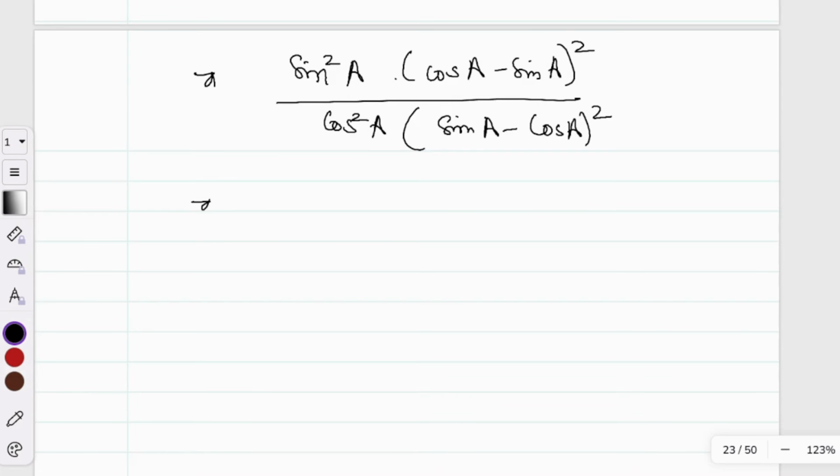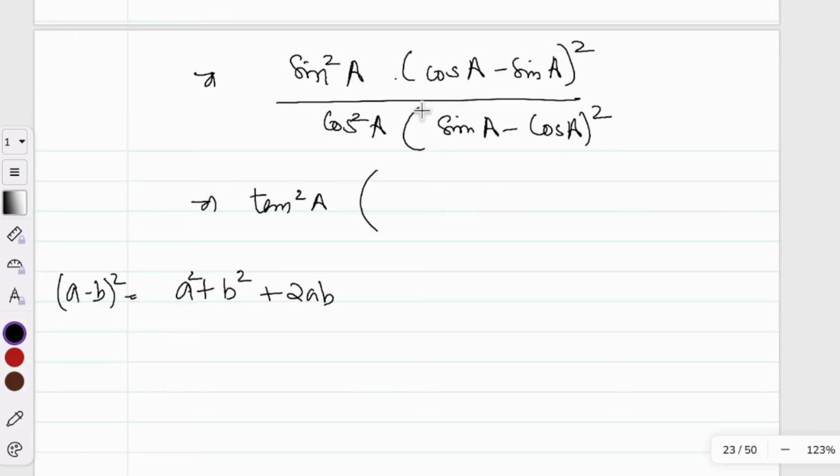Now, what is sin square A by cos square A? Sin theta by cos theta equals tan theta, so I can write it as tan square A into cos A minus sin A the whole square. It is of the form A minus B the whole square. What is A minus B the whole square? It equals A square plus B square minus 2AB.